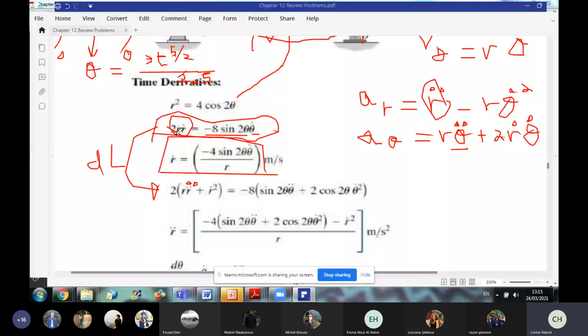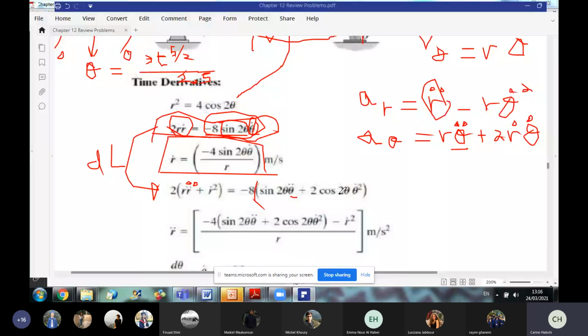Now the second step is to derive this term with respect to time. Here you have also the product of two functions, sine 2 theta and theta dot dot. Minus 8 is constant, you can take it outside, so you take minus 8 outside and you derive. You have u times v. U is sine 2 theta and v is theta dot dot. So the first term is u v prime, where v prime is theta dot dot.